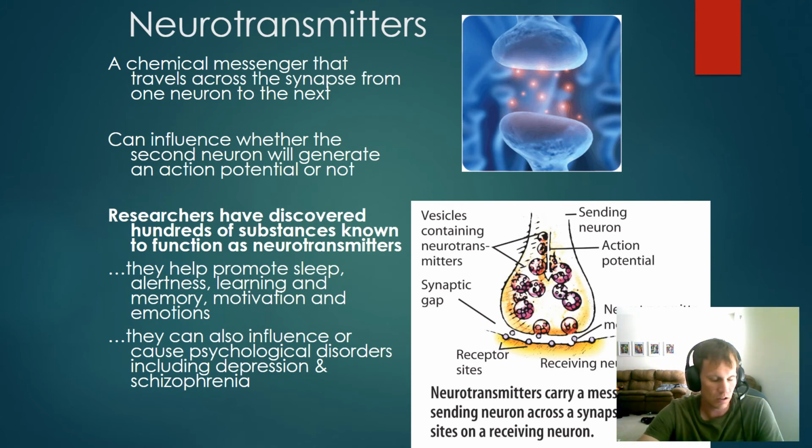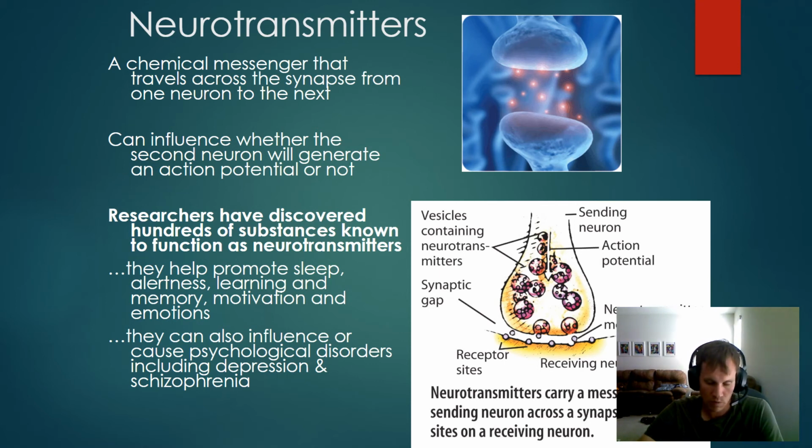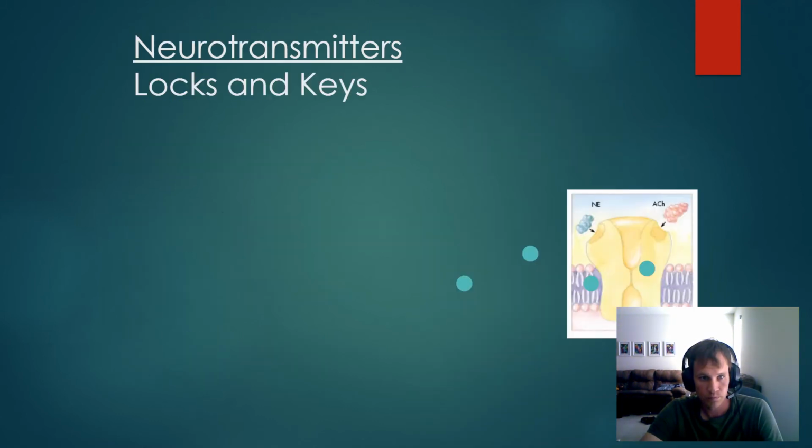There are hundreds and hundreds of neurotransmitters that have different purposes and interact in different ways. You are only responsible for a handful that we'll look at in a second.